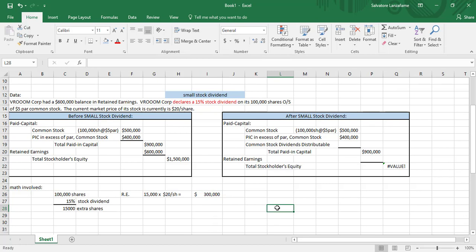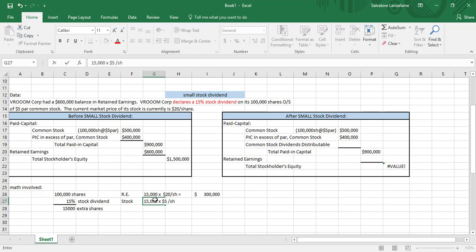So I took the 15,000 shares and multiplied it by $20 a share, because that's the market price. I also need to figure out my stock value, and I'm going to take the 15,000 and multiply it by the par value, which is $5 a share.